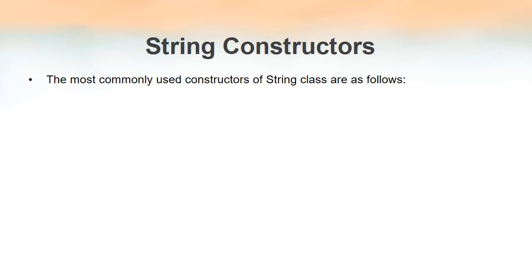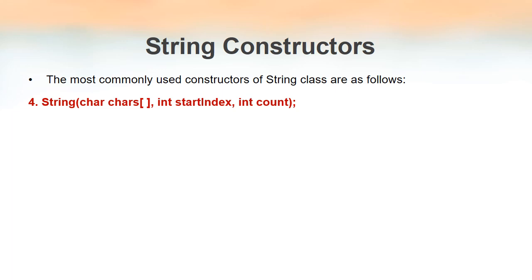The fourth way of constructor usage is by using a constructor that accepts three parameters. As you can see in this constructor, there are three parameters. The first parameter is a character array, the second parameter is the starting index number, and the third parameter is the count. We will see how this constructor is going to work.